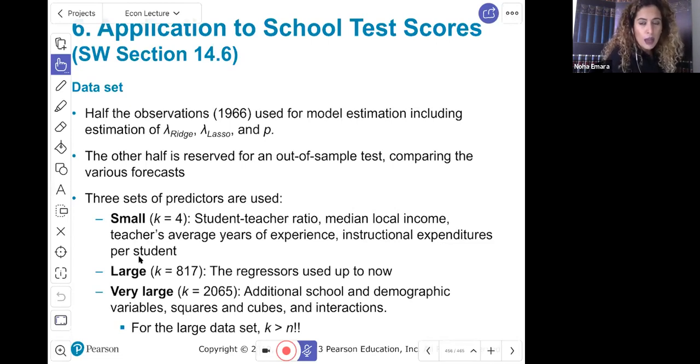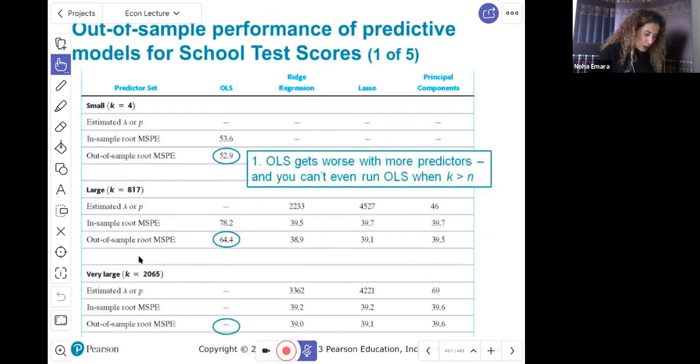And you might have additional variables that bring the number of X's to 2065. This very last one, which we call the very large data set, has a number of X's, K, much higher than the number of observations. That's a point at which the OLS cannot be estimated. So this is a summary of the results.